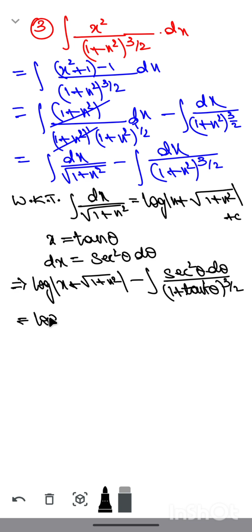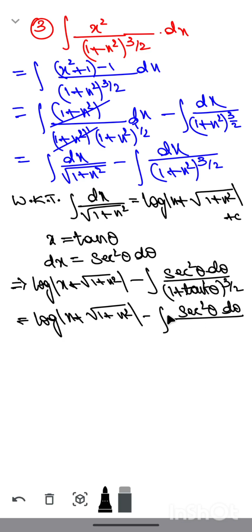The first term we have already simplified, so we carry forward the same. In the second term, the numerator is as it is, and in the denominator 1 plus tan square theta is secant square theta, so we get (secant square theta to the power 1 by 2) whole power 3. Here the square and square root will get cancelled.